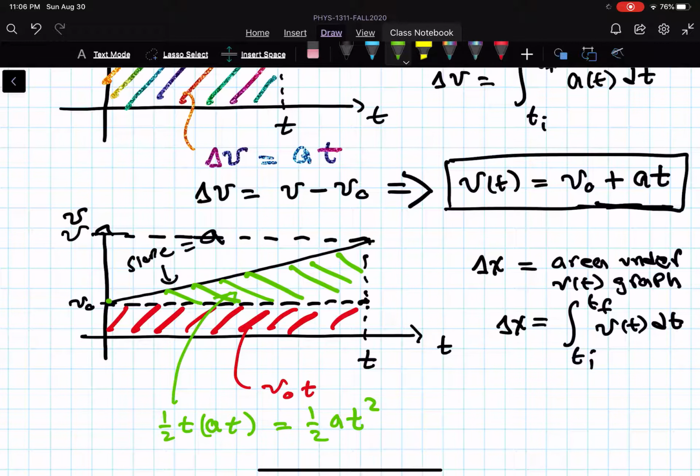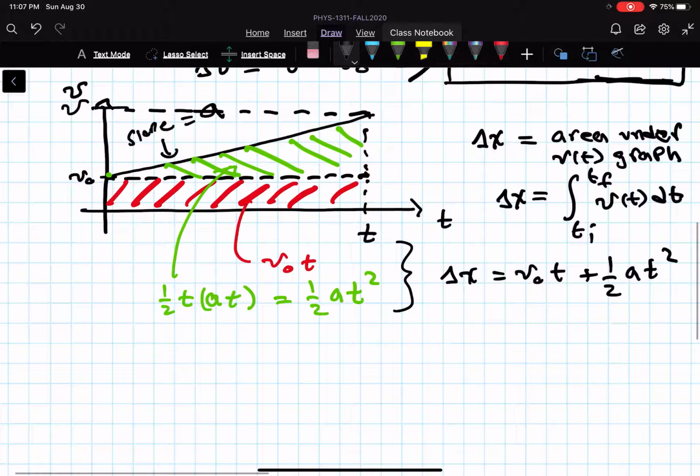So now the total area here is my delta x. So that's v0t plus 1/2 at squared. So this is telling me now that my x as a function of t is equal to my x0, right?